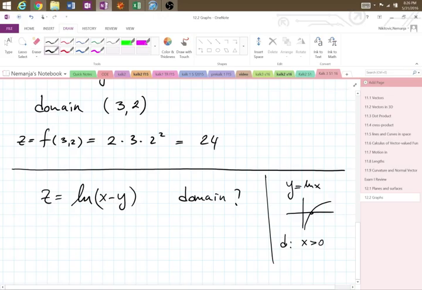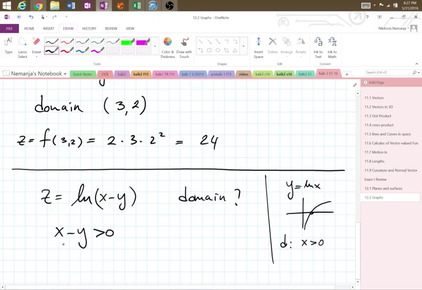Now, what's happening with the function ln(x minus y)? Well, we see that this parenthesis, the argument of ln, has to be larger than 0 at all times. What is in the domain? Any point that satisfies this condition is automatically in the domain of ln(x minus y).